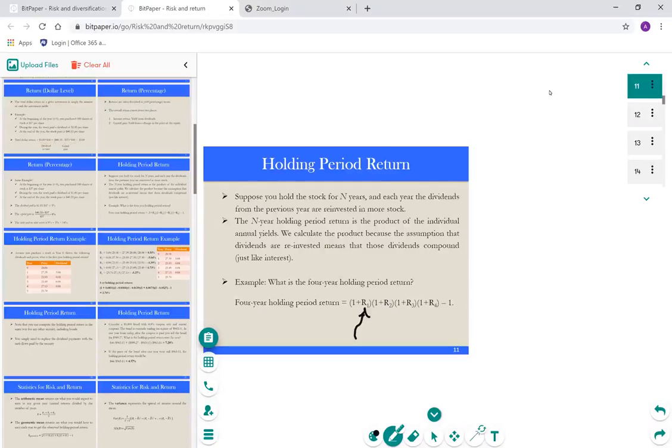That would be R1. You'd do 1 plus the percentage return in year 1 times 1 plus percentage return in year 2, R2. And then you take that and multiply that by 1 plus the percentage return in the third year, up through year 4, and then you subtract 1 at the end to put it just in a percentage basis.